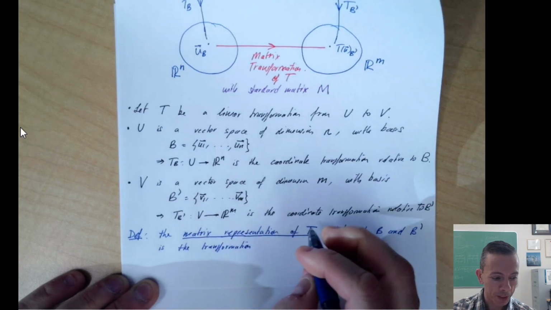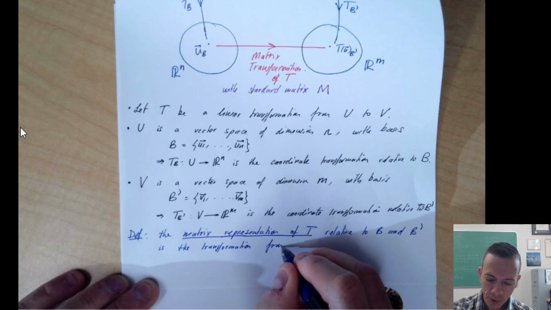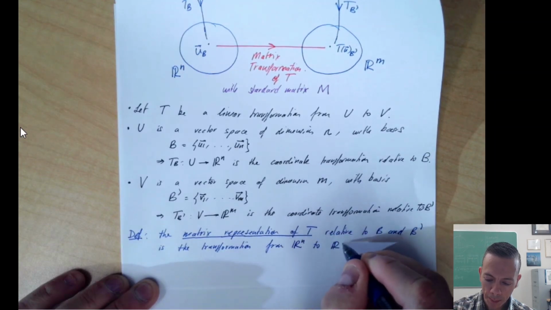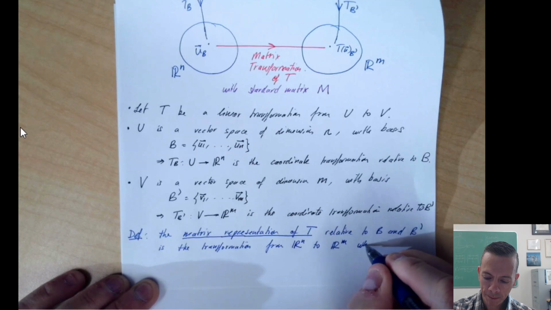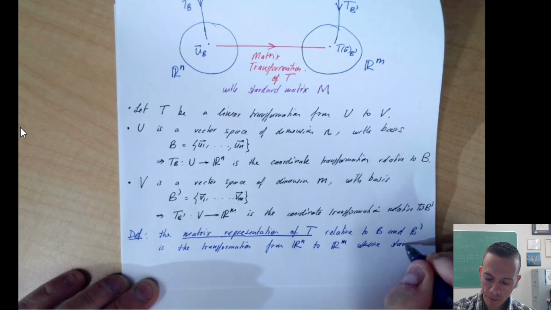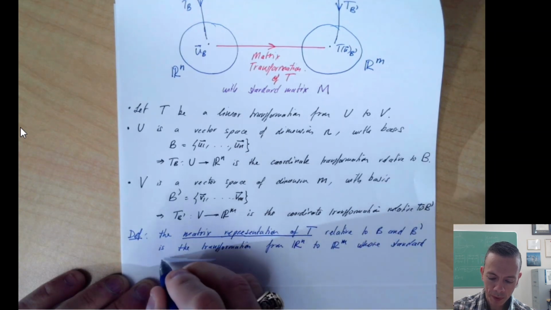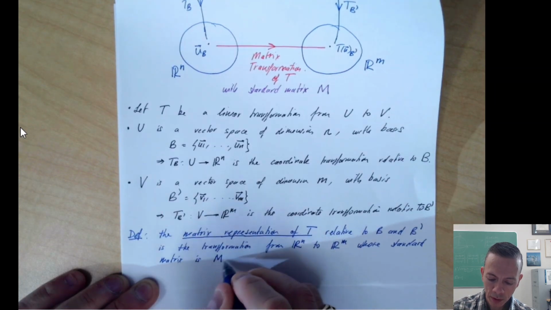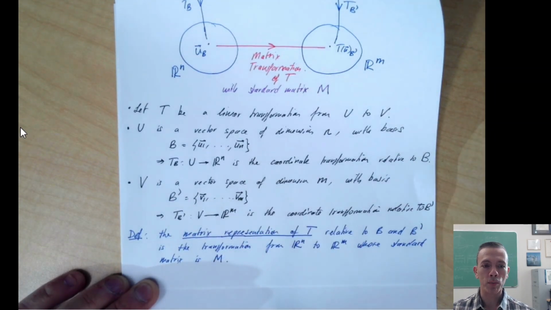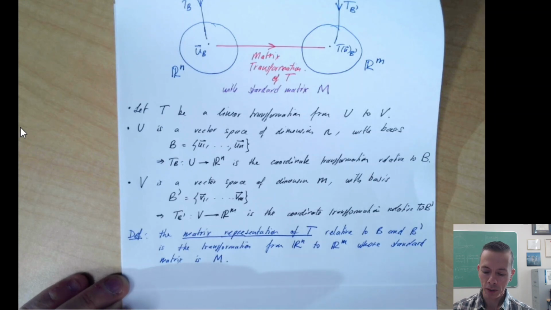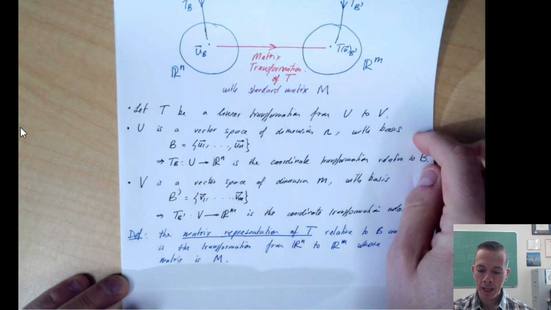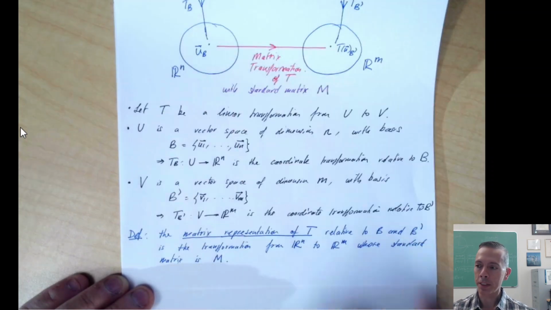So it's a transformation from R^n to R^m, whose standard matrix is M, which is to be defined. That will be the goal of this section, is to define the matrix M, which represents the transformation T.